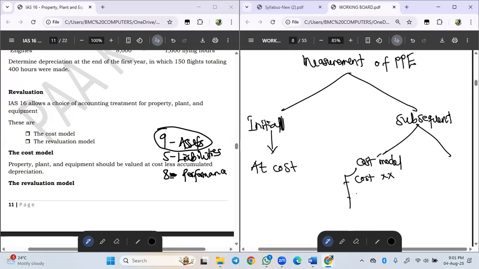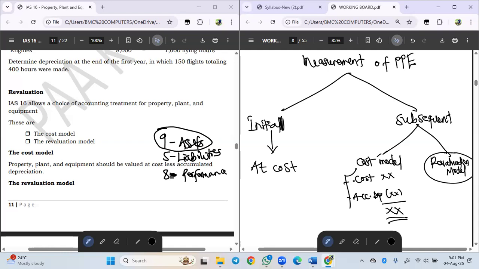Then your accumulated depreciation will come. You subtract it. Whatever you get is what you are going to represent on the statement of financial position. Now we have the revaluation model. So this is what we are coming to treat, not the cost model that we've been doing.